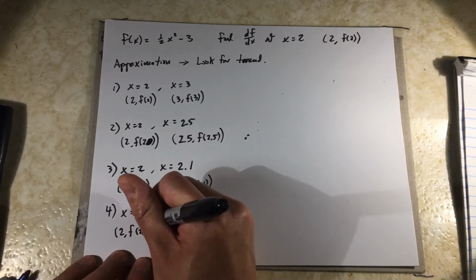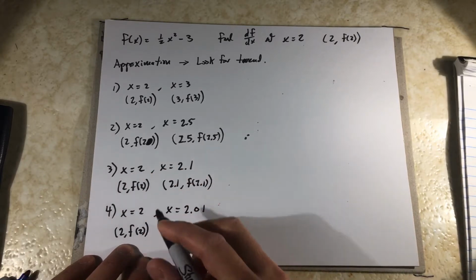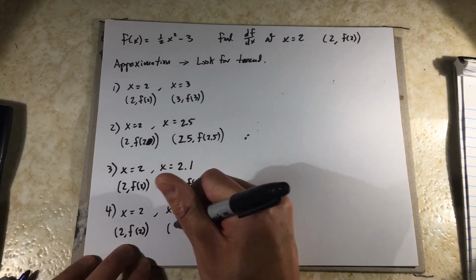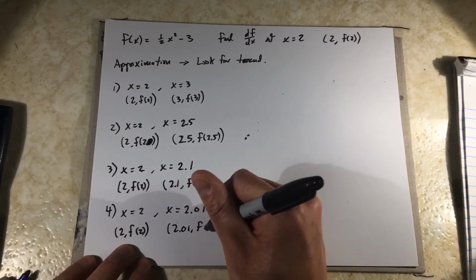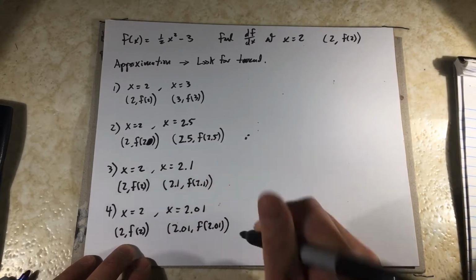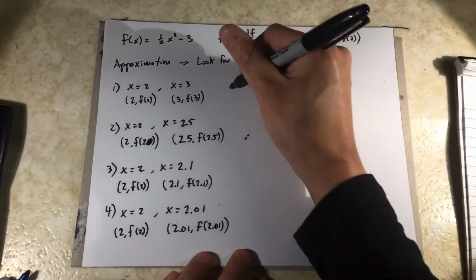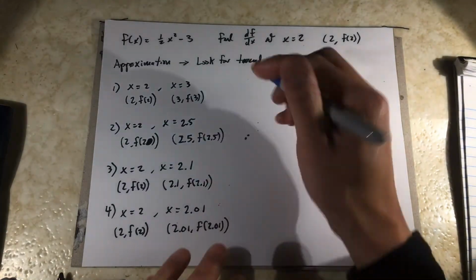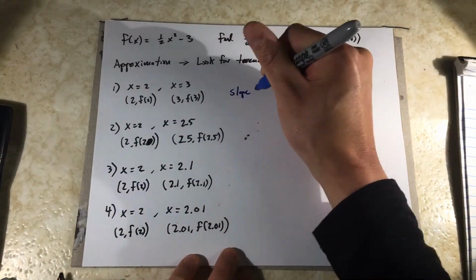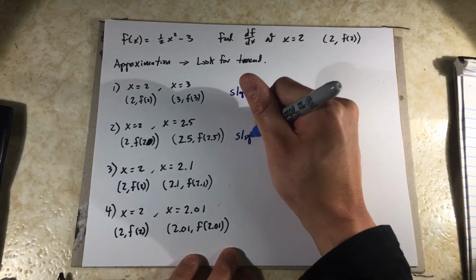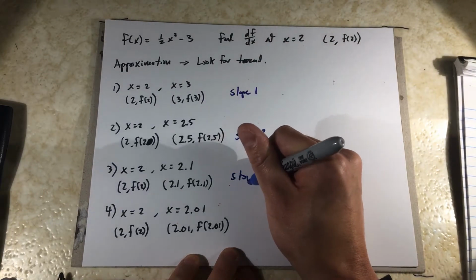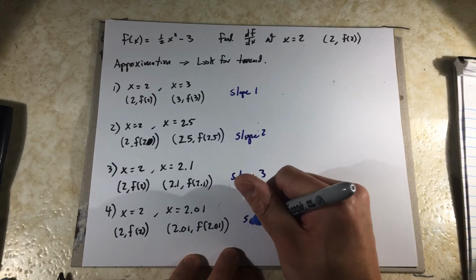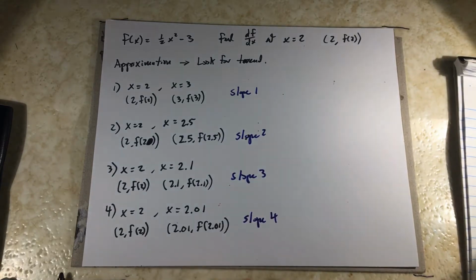And these are points 2 and f of 2, that's basically its y value, right? And then 2.01, f of 2.01. All right, so we're going to find the slope. So we'll have the slopes for each of these: slope 1, slope 2, slope 3, and slope 4.